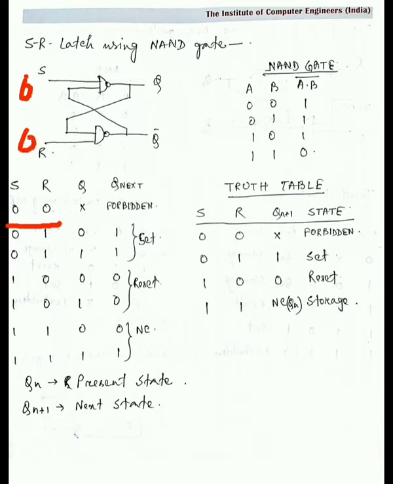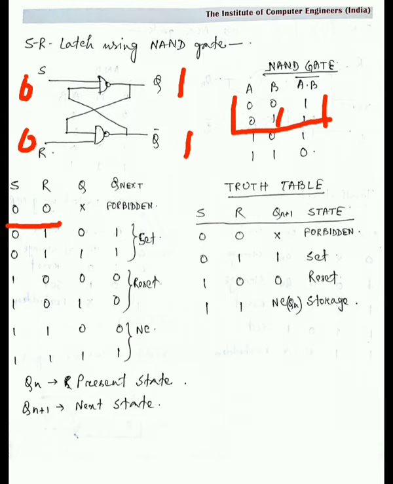In a NAND gate, if one input signal is 0, then whatever the other signal is, the output will always be 1. So if S and R both are 0, then whatever the previous state of Q, Q will be 1 and Q bar will also be 1, because one input signal is 0 in the NAND gate.